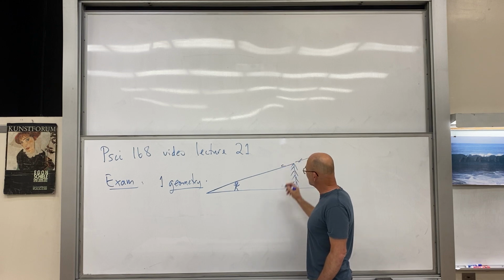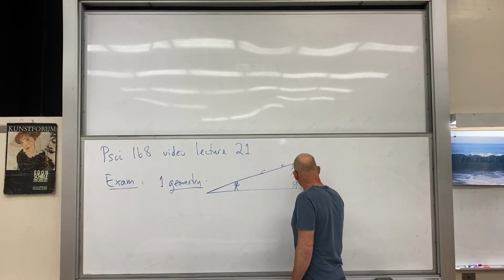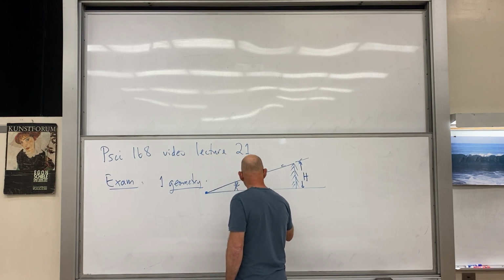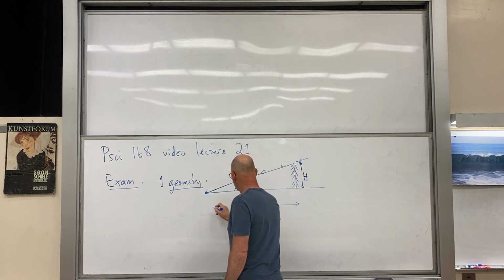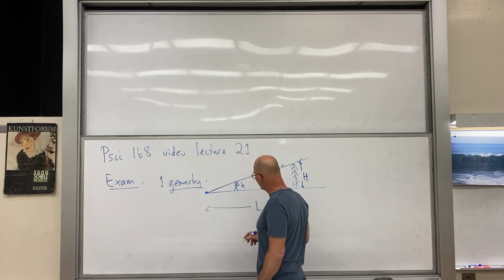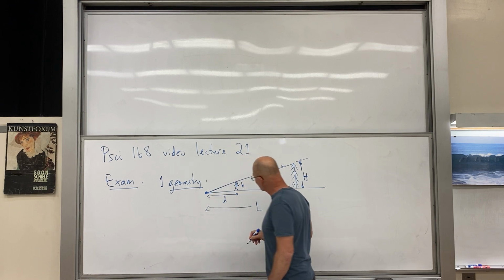We've got sun coming in here, and we're going to label this again. The height of the tree is capital H. The distance from this origin is capital L. My height is lowercase h, and the distance from where I'm standing is lowercase l.